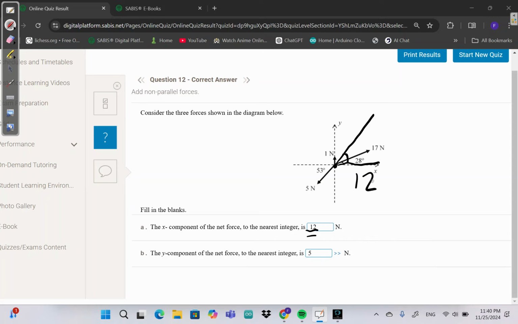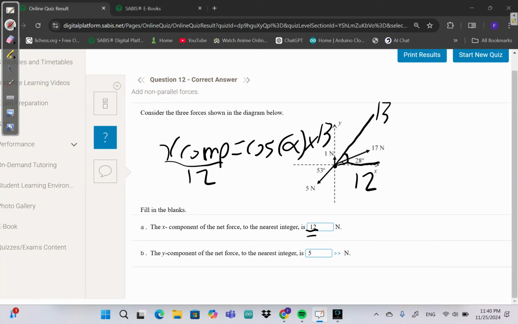And as we said, the x component is equal to cosine of the angle times the whole force, which we said is 13. So we get that 12 is equal to cosine of the angle times 13.